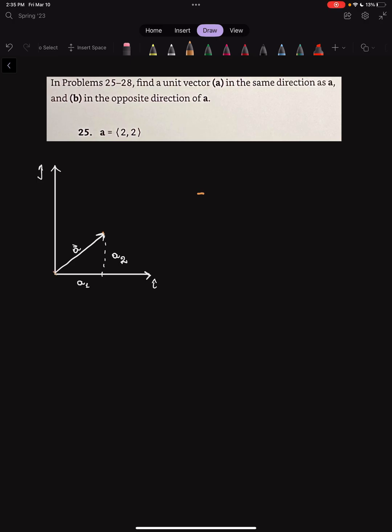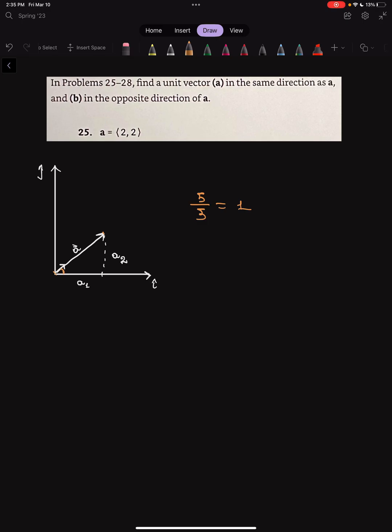Because if I have a 5 and I want to make that 5 a 1, what do I do? I divide by 5 and I get 1. So I want this vector over here, but I want to preserve the direction. And to preserve the direction, I basically want to preserve this angle.